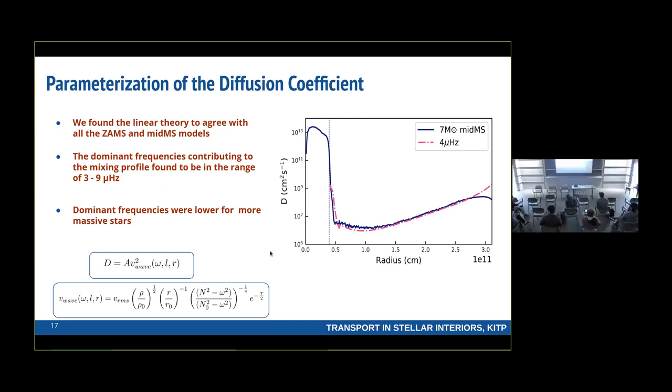Hi, this is Adam Germain. Following up on Pascal's question, do you understand why it scales like V wave squared? That's sort of not what I would expect naively, but I'd be interested to know.